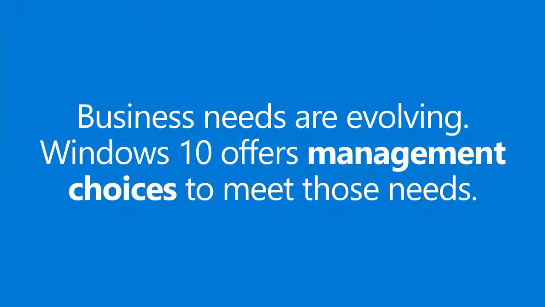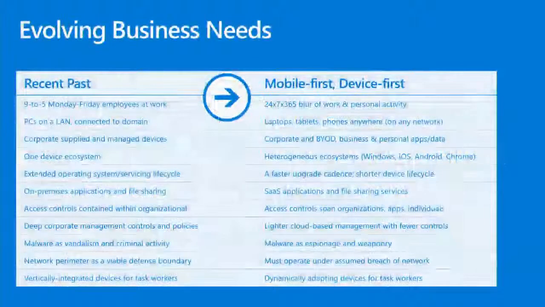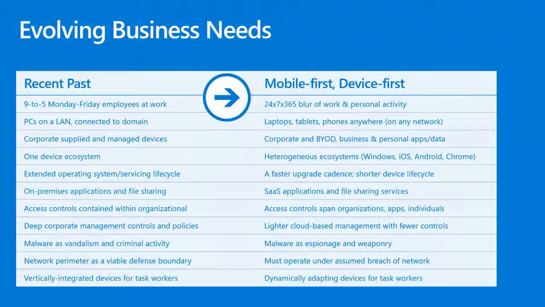But we're getting to the point now where you need more choices because your needs are evolving, and as a result, we want to add more choices into the operating system to provide you with some additional capabilities to meet your changing needs. We're not using Windows the same way that we used it 20 years ago. 20 years ago, it was a PC on your desk, under your desk, a monitor, a keyboard, a mouse.